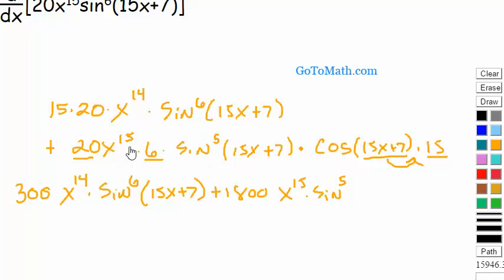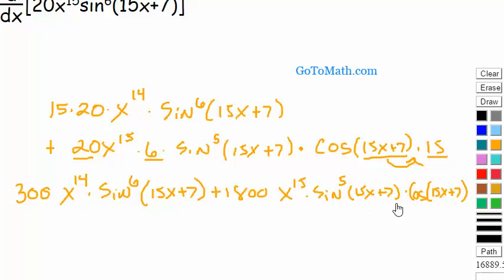Okay, nothing's fishy. That kind of confused me there. No, that's right. Sine 5. Okay. 15x plus 7. And then let's see if we can sneak that in. Cosine of 15x plus 7. Well, barely. All right.